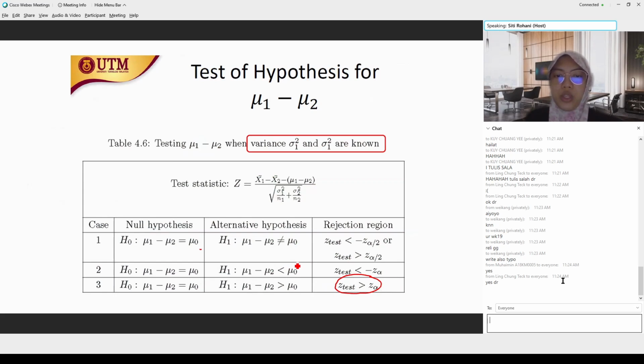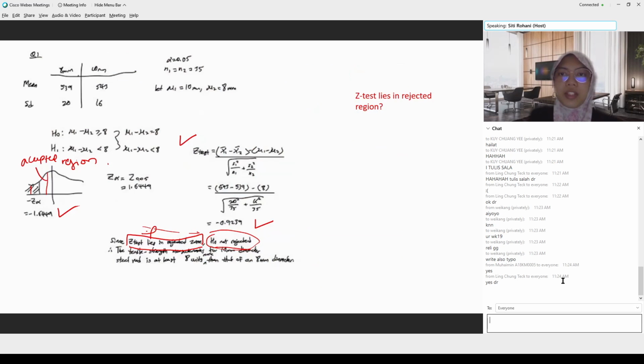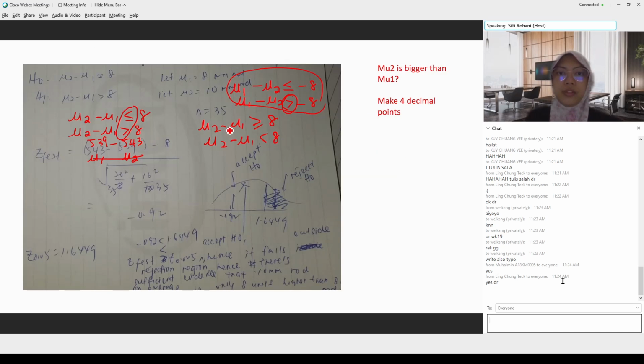For the previous example we used the second case, so that is negative z alpha, while this one is z alpha. Please be careful when doing this.